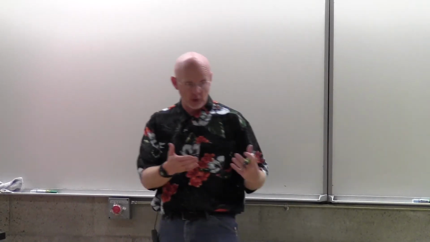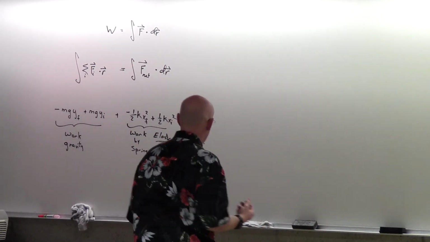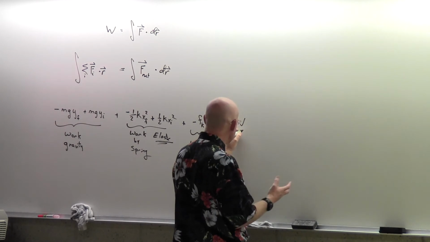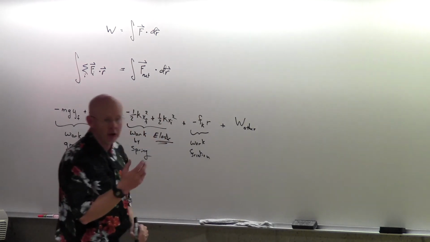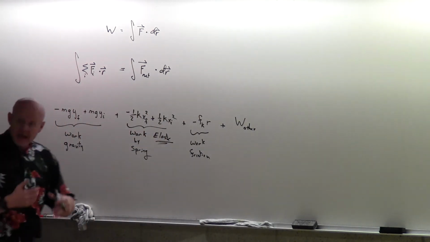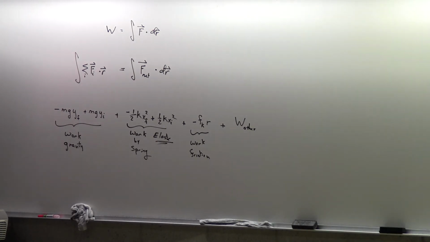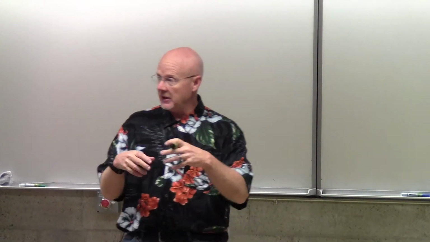I think we left an open category for other forces that might show up, either in this chapter or in future chapters. So let me just write it as plus W, or work done by other forces. An example you'll see today will be one with a bullet being pushed down the barrel of a rifle. That force comes from the expanding gases of the gunpowder.